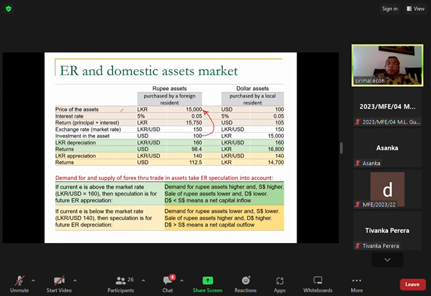Now, after the maturity period, we find that the exchange rate has depreciated from 150 to 160. So the investor gets his return, and that is how much he gets: 15,750.